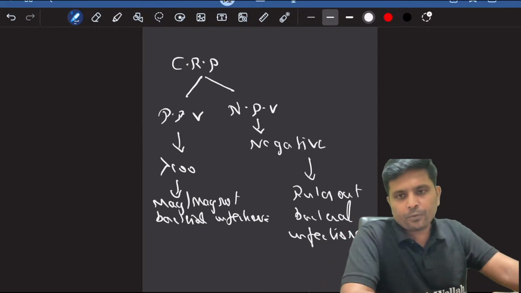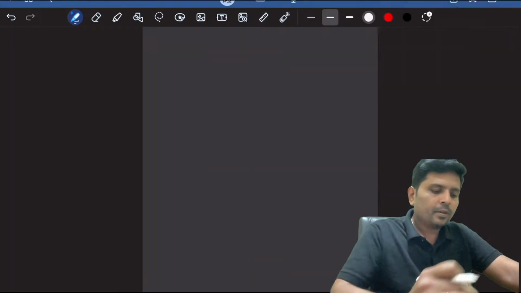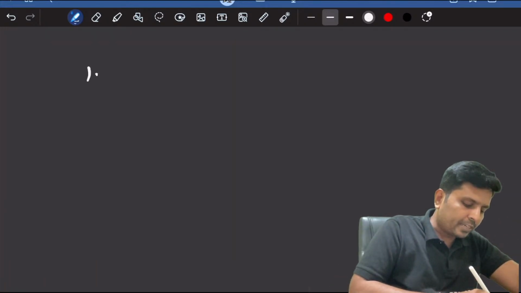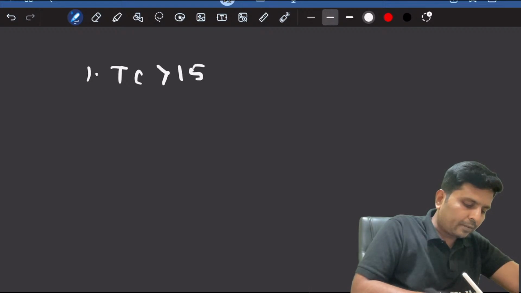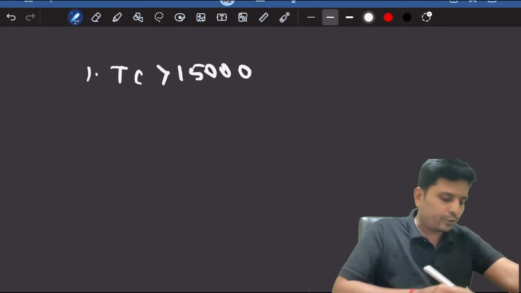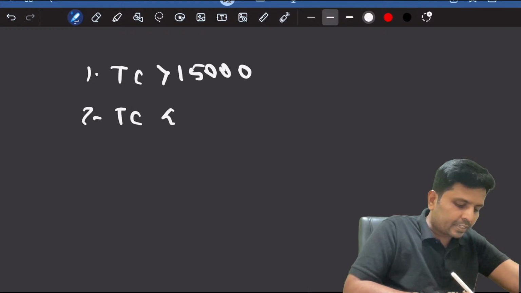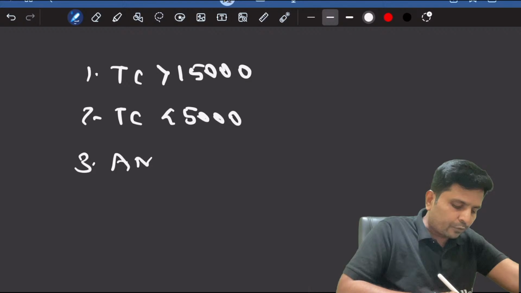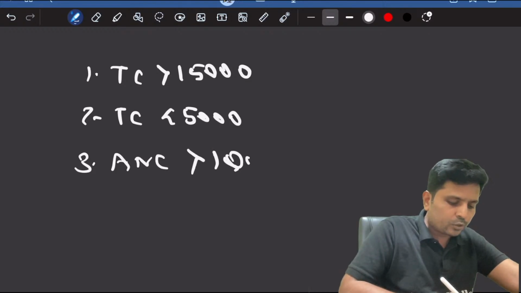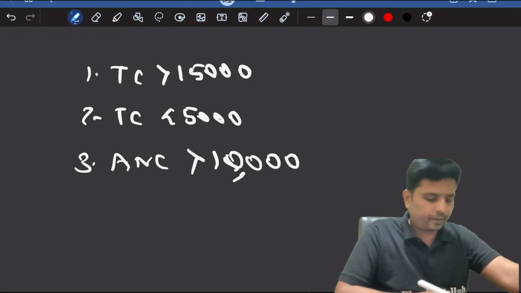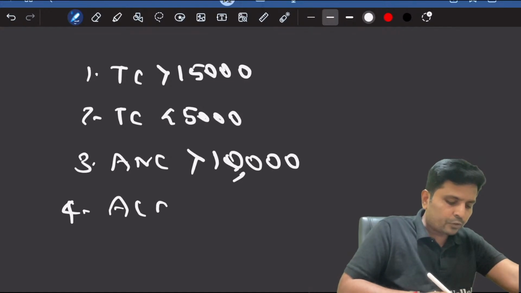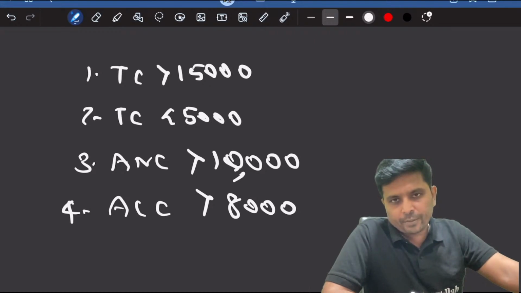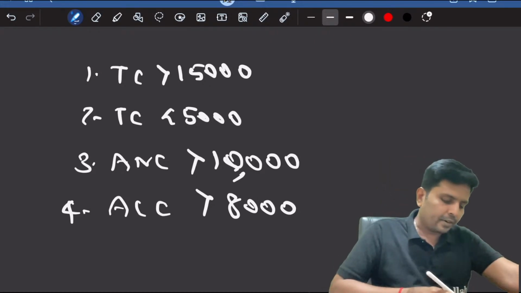So finally, what is the carry home message based on this discussion? Very simple. Total count more than 15,000, leukocytosis. Total count less than 5,000, leukopenia. An absolute neutrophil count of more than 10,000, bacterial infection. An absolute lymphocyte count of more than 8,000, acute lymphatic leukemia, pertussis, Epstein-Barr virus.